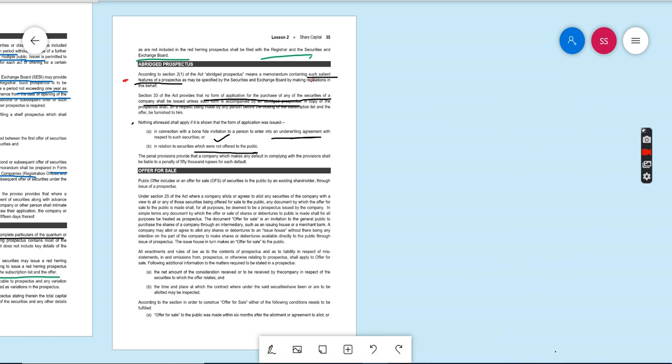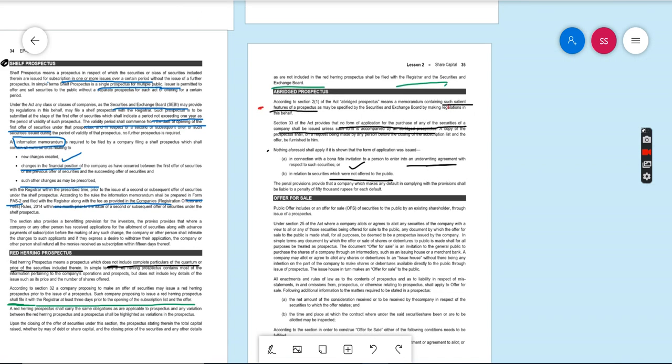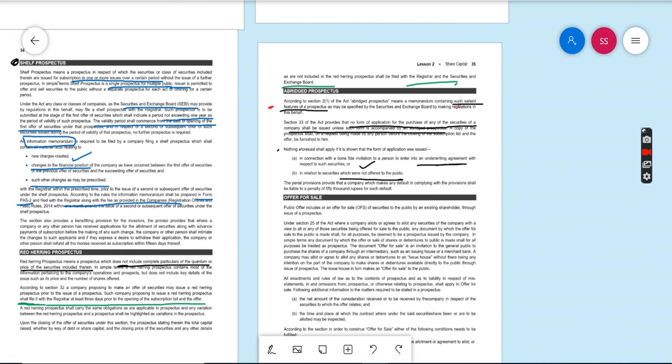Red herring prospectus does not contain the full information like share price and number of shares. Shelf prospectus is a single prospectus which can be used for multiple issues, and it contains all the information.